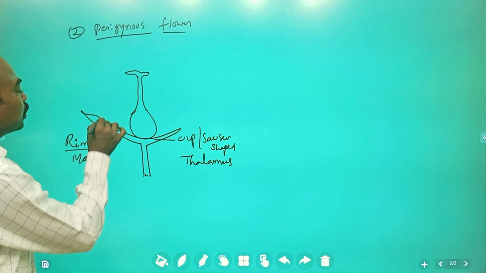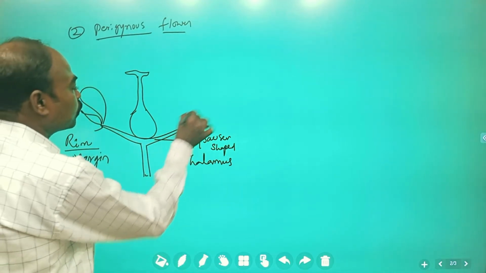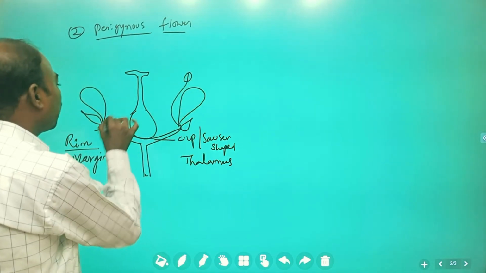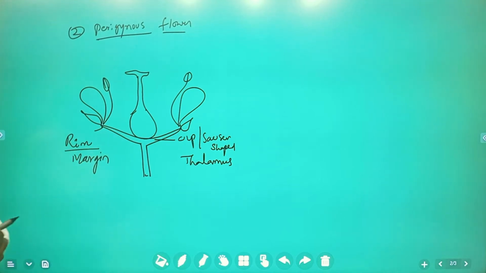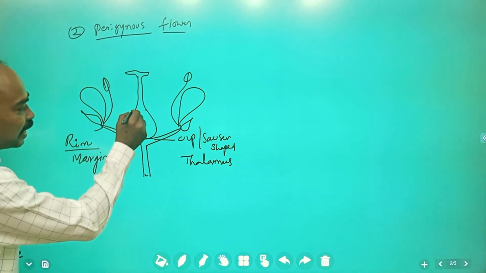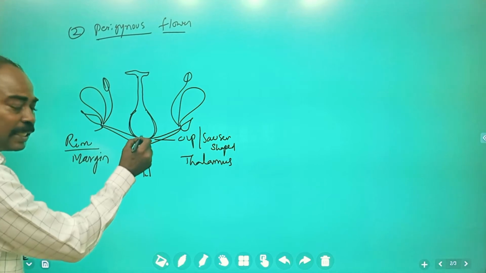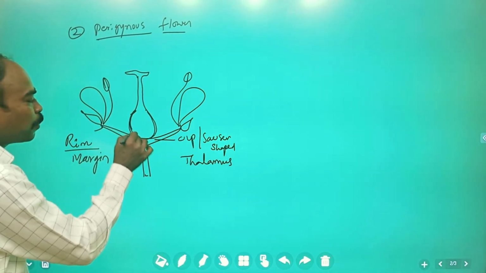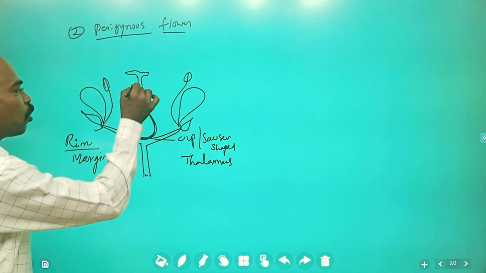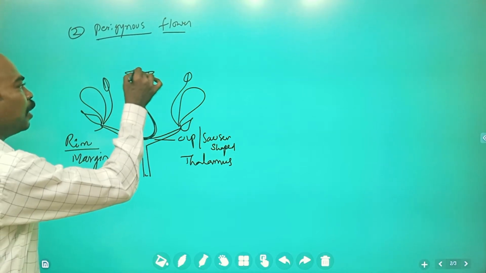The remaining floral whorls such as calyx, corolla and androecium are developed on the rim or margin of the thalamus.